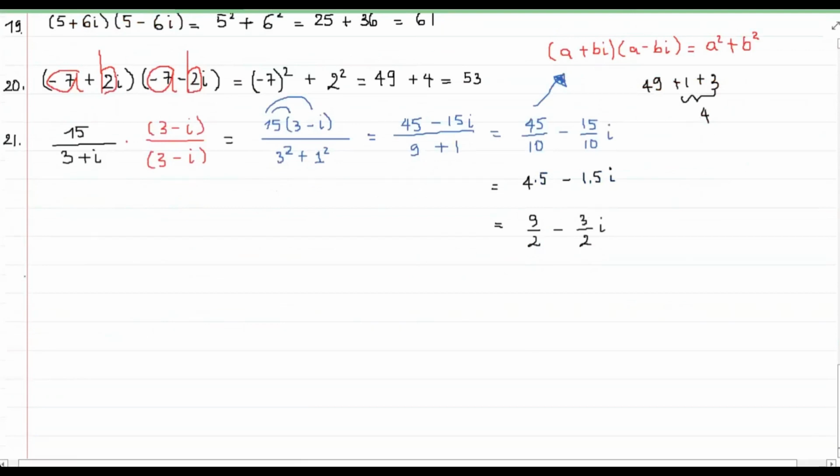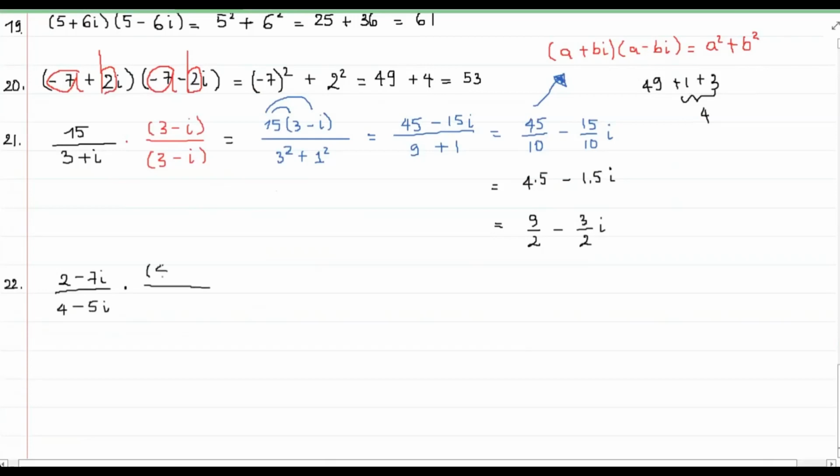Okay, number 22. We have 2 minus 7i over 4 minus 5i. Multiply by the conjugate. What is the conjugate?